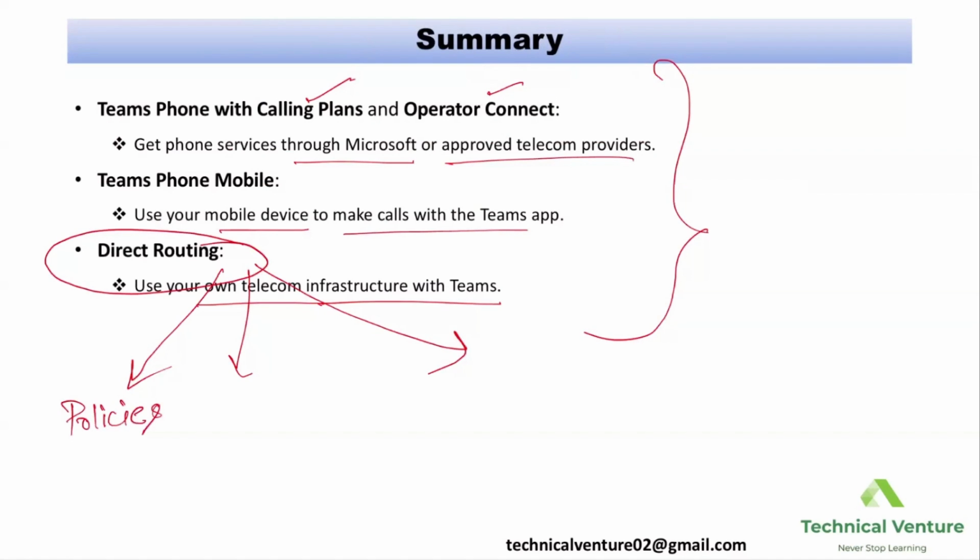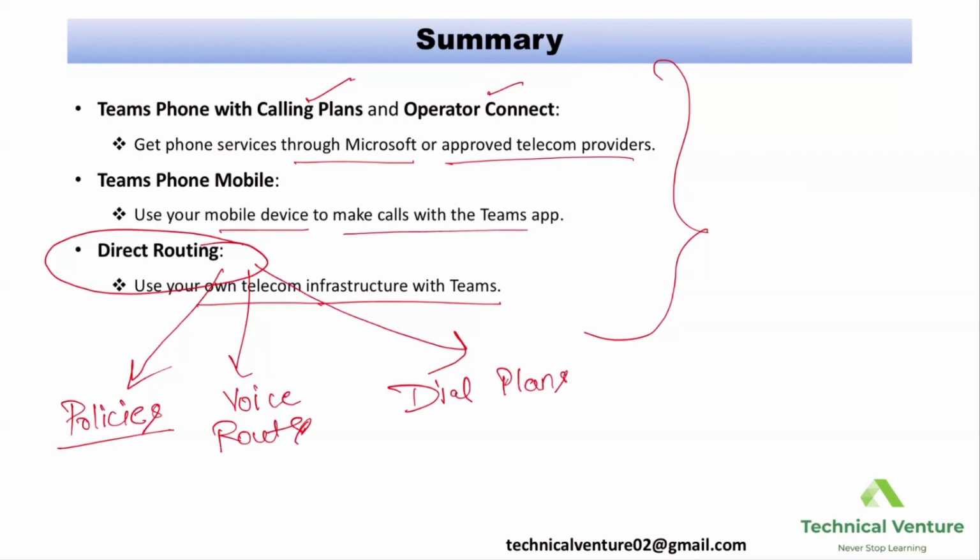So what we need to do is create the policies and assign the policies. Then for direct routing, we need to create voice routes and dial plans. So there are many more things we need to create whenever we want to use direct routing.